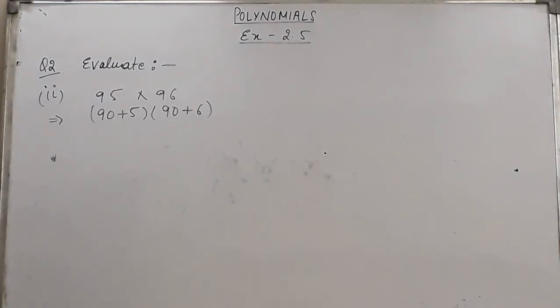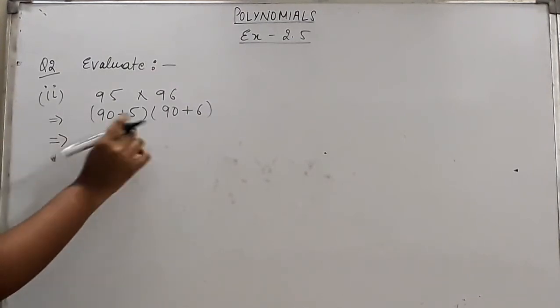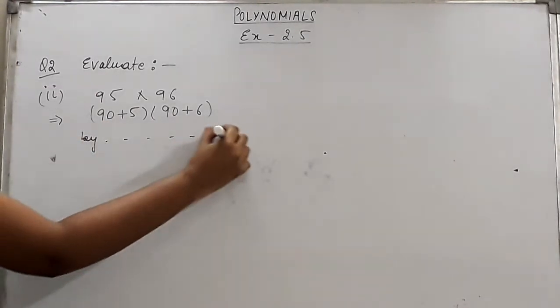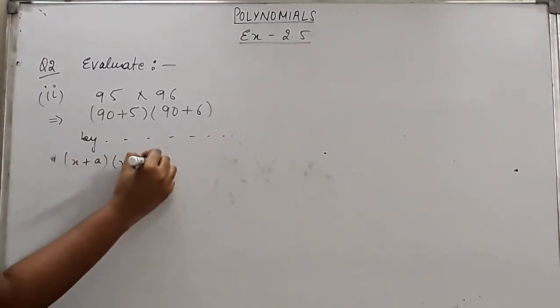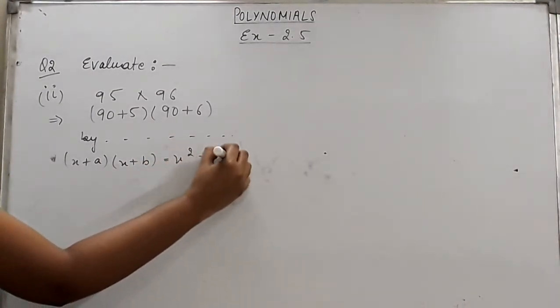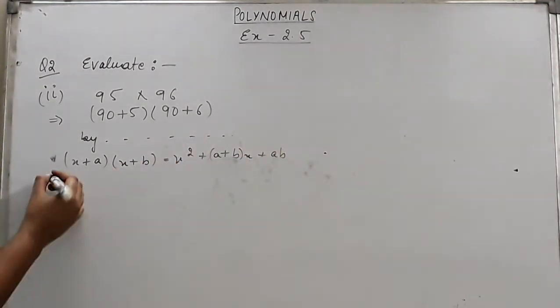You can also take it in minus. Then, by using this line, you are going to write by using (x + a)(x + b) equals x square plus (a + b) multiplied by x plus ab.